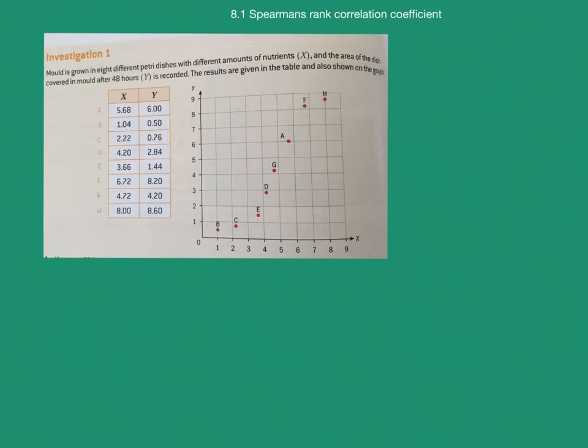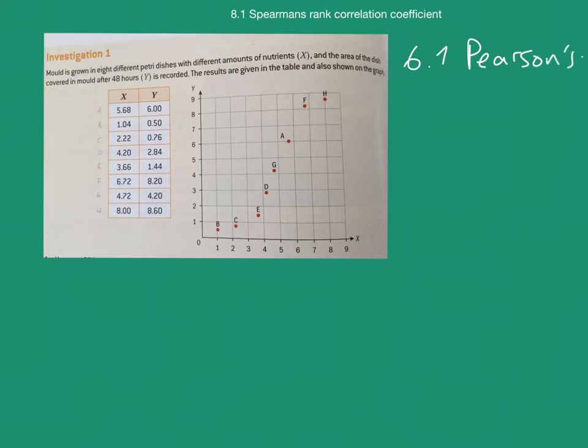So we've looked at correlation between two variables before in chapter 6, so 6.1. We looked at Pearson's product moment correlation coefficient.